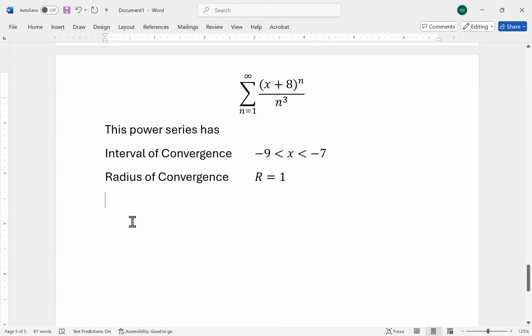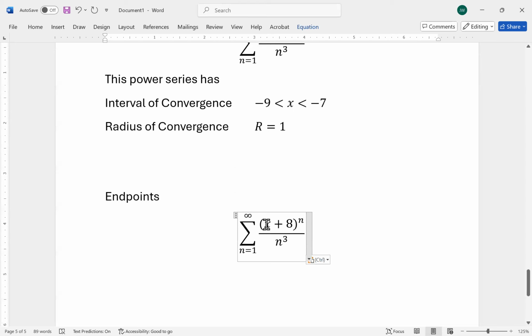Now I want to check the endpoints. I have to check each of these manually. So I will start by plugging in a -9.